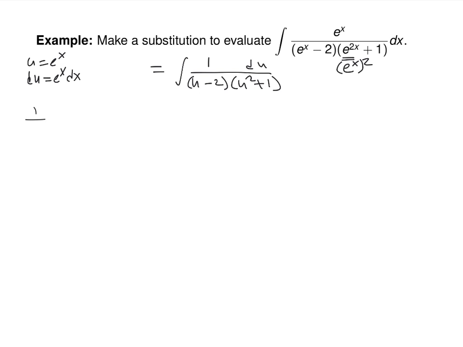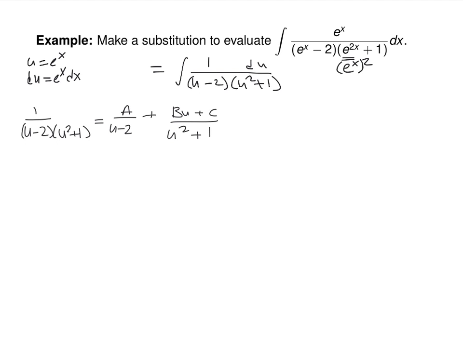So we have 1 over u minus 2 times u squared plus 1 equals A over u minus 2 plus Bu plus C over u squared plus 1.